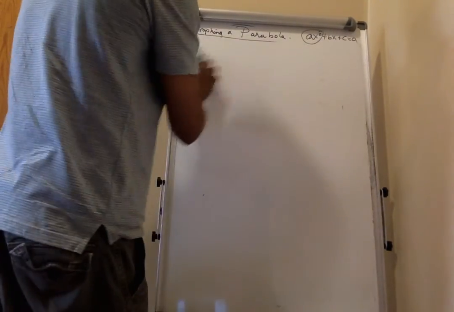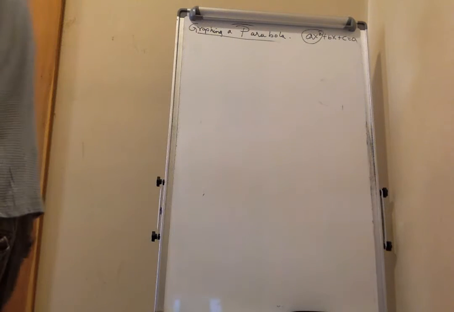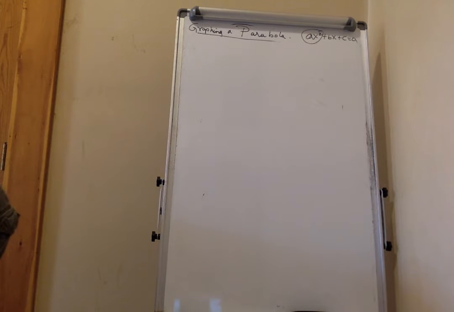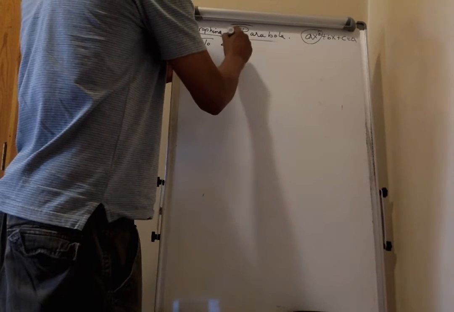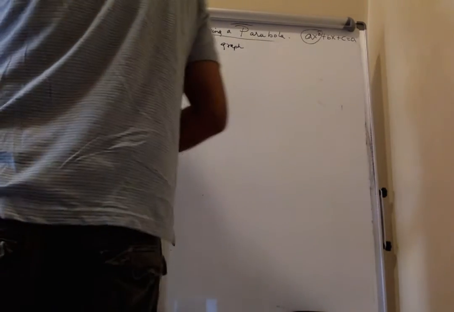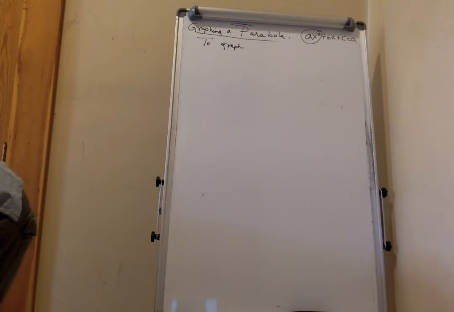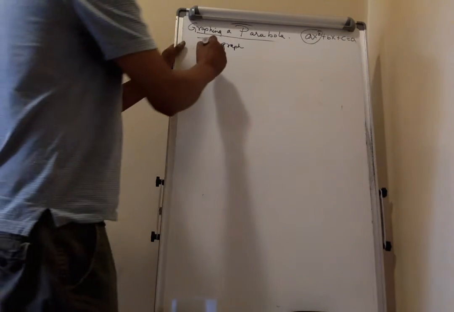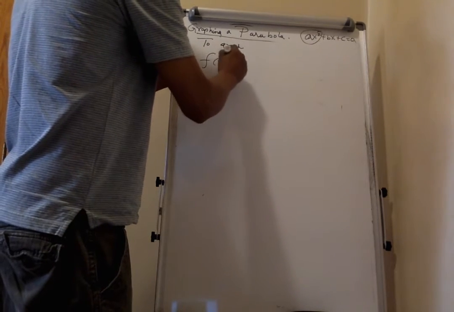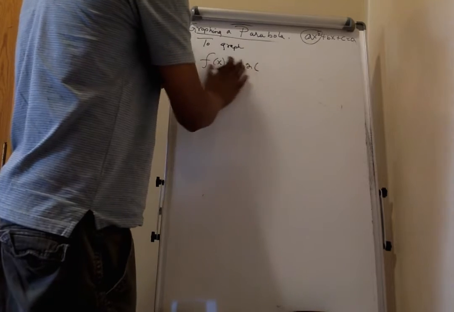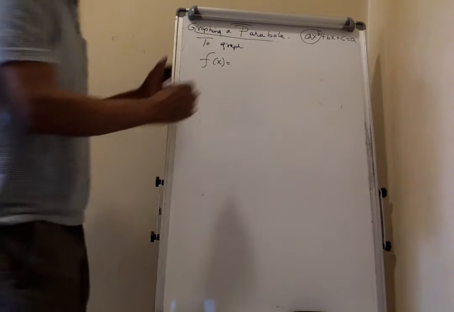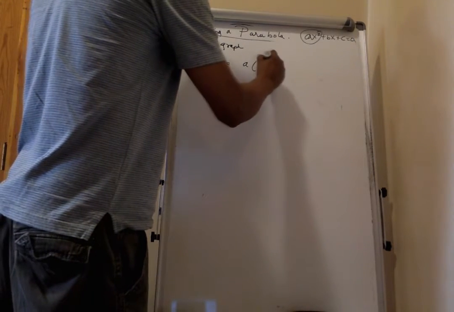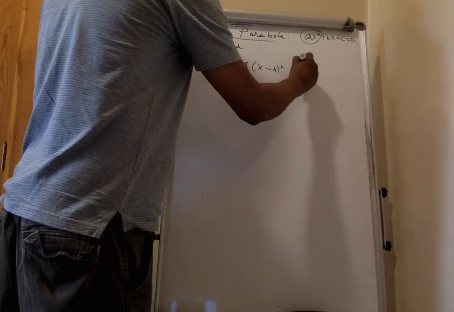First, let me show you an equation to graph. f of x is equal to negative a, in fact, let me use the formula, times x minus h squared plus k.